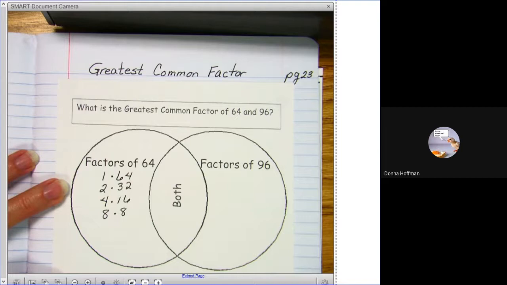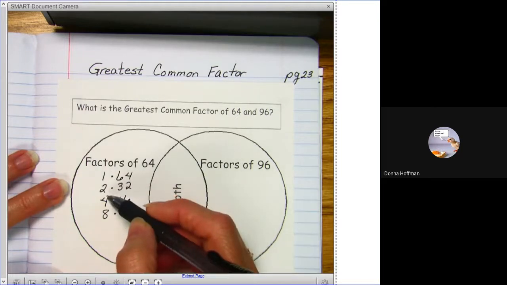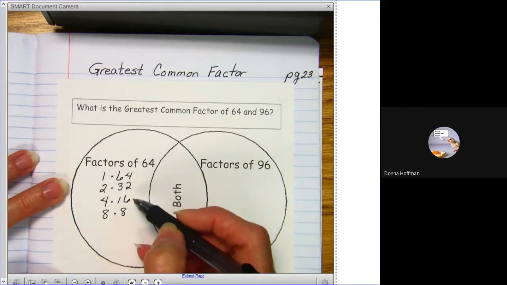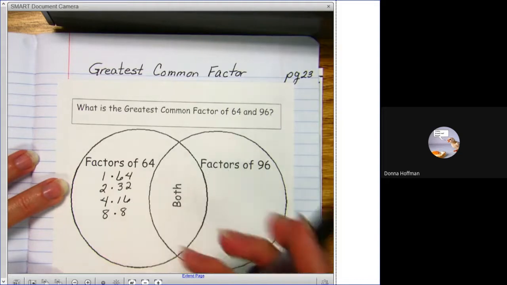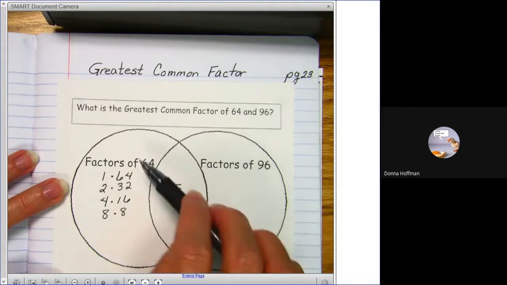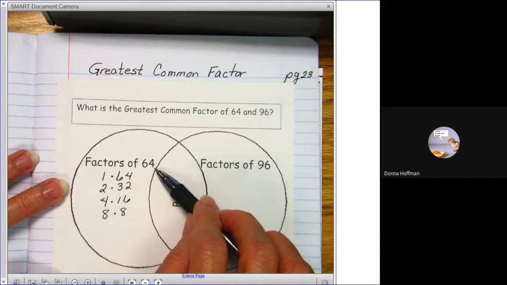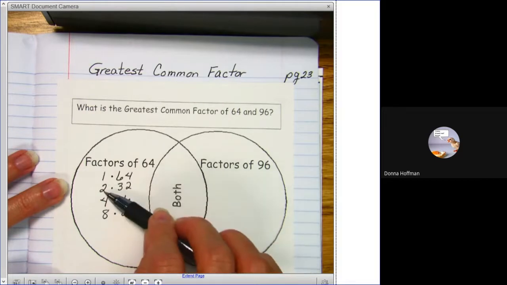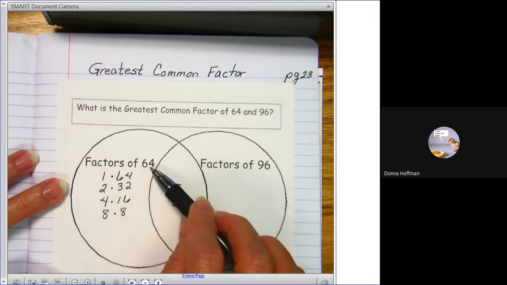For example, 3 times another factor is never going to take place because of the divisibility rule for 3. If I add the 6 plus the 4, I get 10, and 10 is not divisible by 3. Therefore, 64 is not divisible by 3. 2 is divisible into 64 because 64 is an even number.